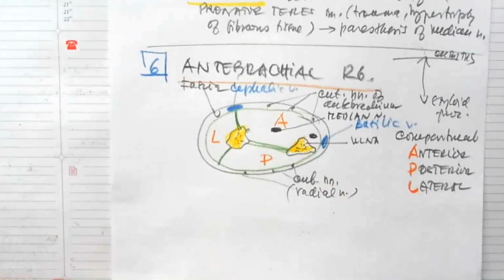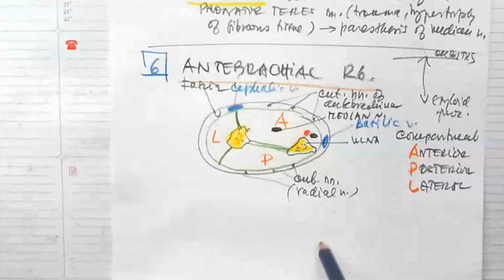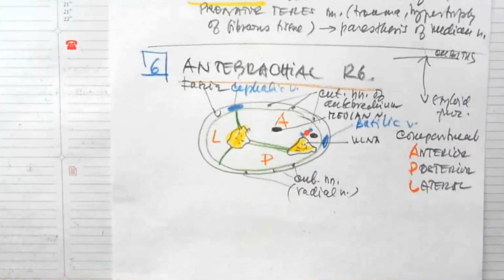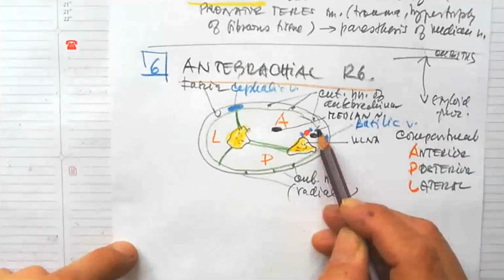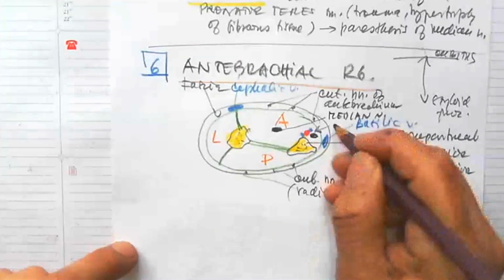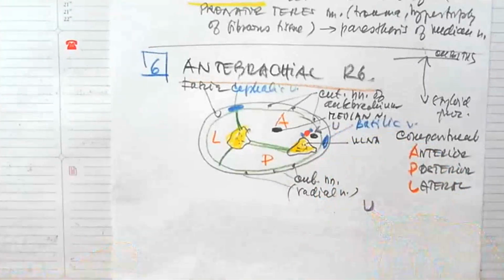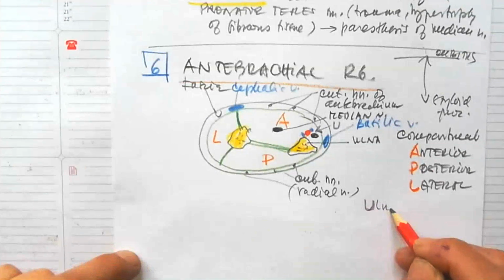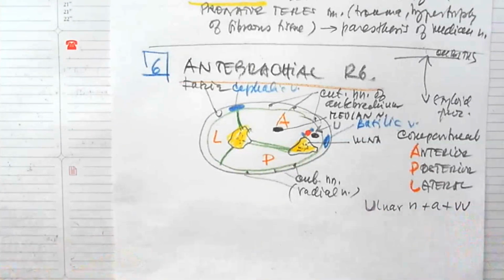The ulnar artery must be more laterally, the same in the carpal region. And of course, as we said, in the periphery, the artery is accompanied by two veins. I don't have place, so I would add an arrow in light violet, and we can place U, because this is everything ulnar. So here we have the ulnar nerve plus artery plus 2 veins, median nerve, ulnar, done.